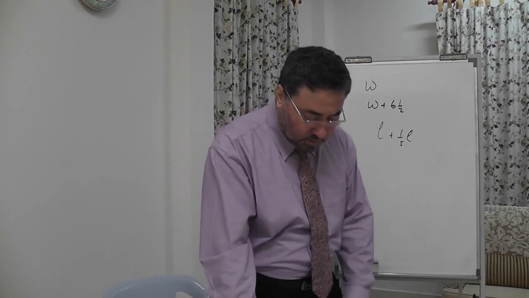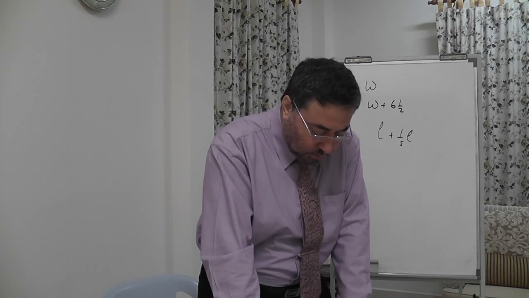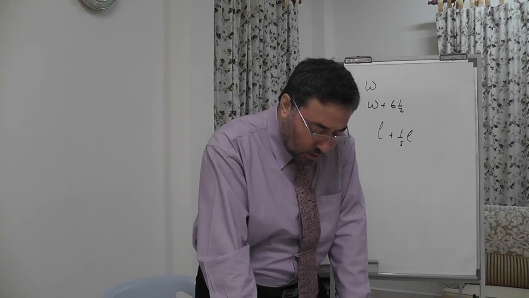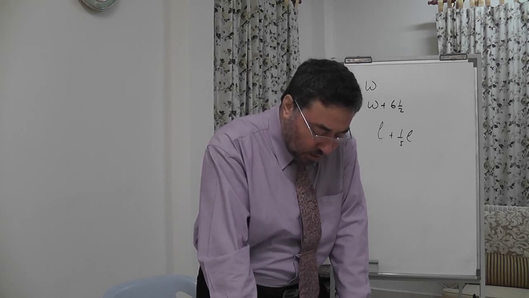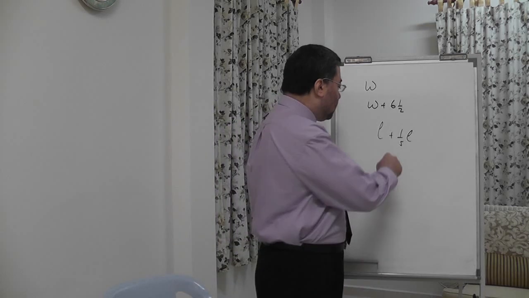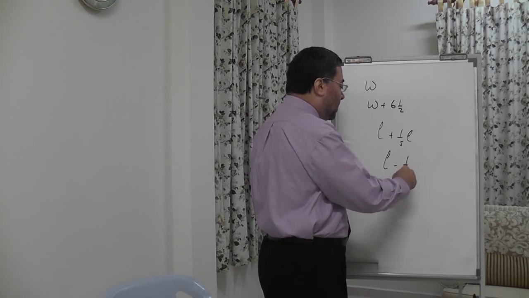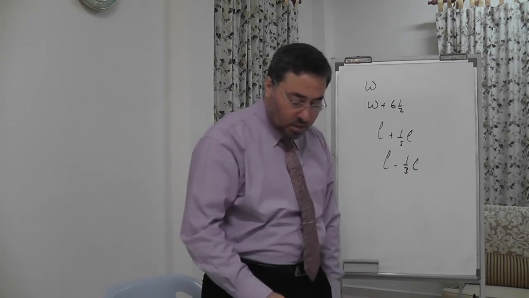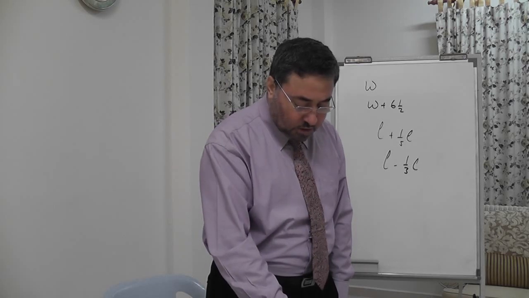Number 8, this year the company's earnings decreased by 1/3 of its earnings last year. Let L equals the company's earnings last year. Then L minus 1/3L will be the company's earnings this year.